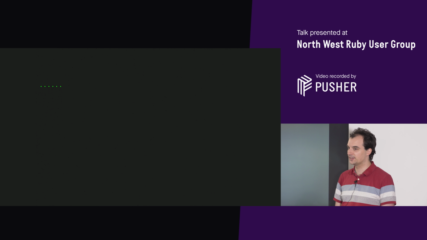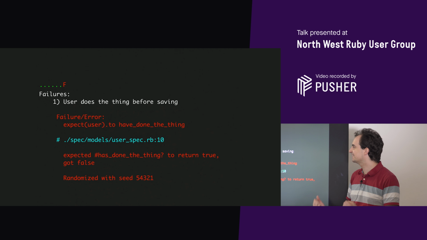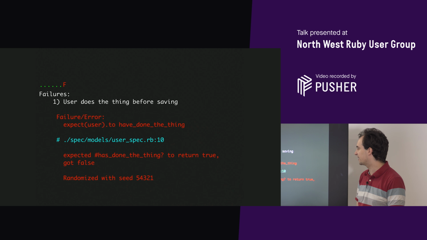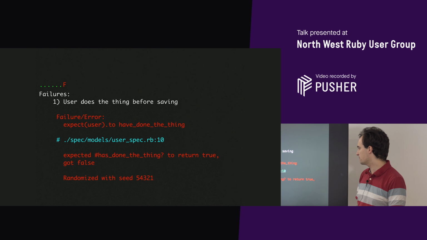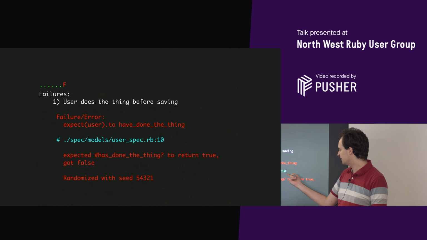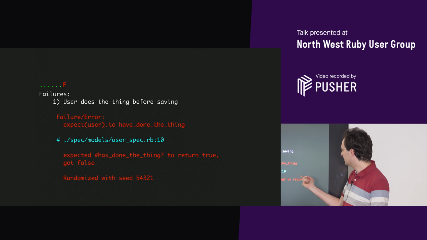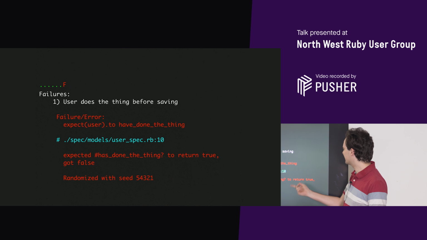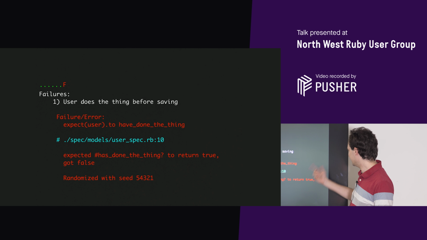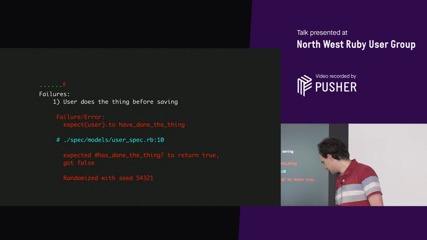Until, of course, one day in the not too distant future, it's another failure. So this time, we have a look at the line number, because we're like, well, I think I made my change on like line 130, and this is like line 10, and it's like, user does the thing, and I don't know.